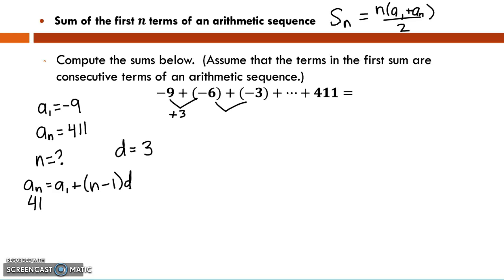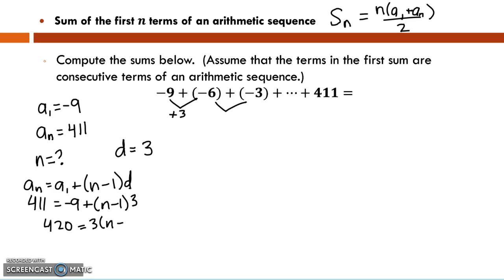I get 411 equals negative 9 plus n, that's what we're trying to find, minus 1 times 3. Now I'm going to add 9 to both sides right off the bat, so I get 420 equals 3 times n minus 1.